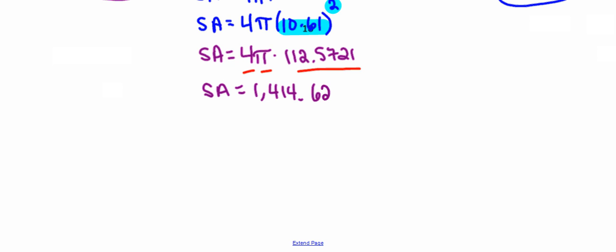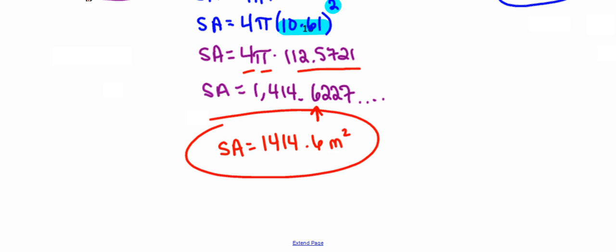I'm going to write down at least 2 of them on my paper. And then I'm going to do as the directions say, and round this number to the nearest tenth. So to the nearest tenth, the surface area here is 1,414.6. And I want to either say square meters or meters squared.